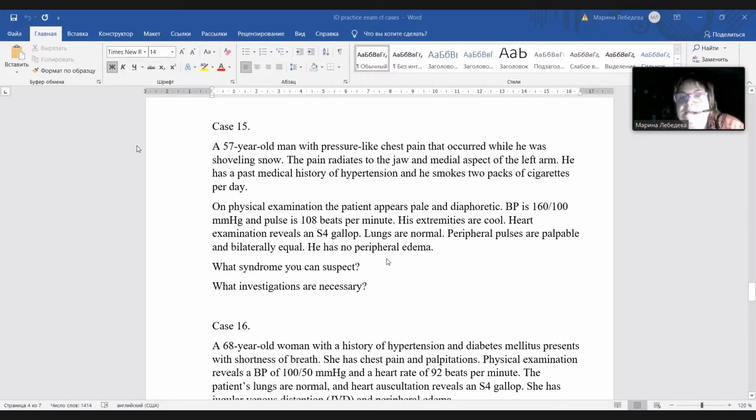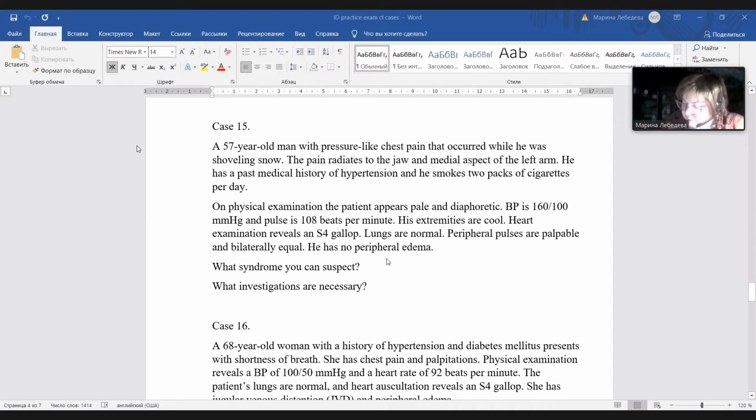So it is coronary artery disease. If it is the first episode, we can speak about first episode of angina. If it is not the first episode, we can speak about angina at effort, arterial hypertension, look at the level of blood pressure, and the heart failure, appearance of gallop rhythm.